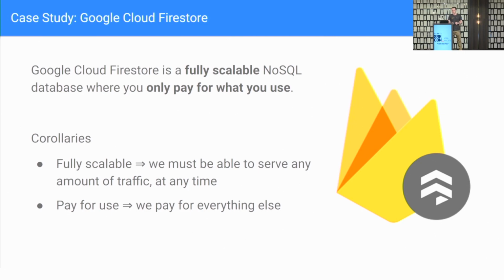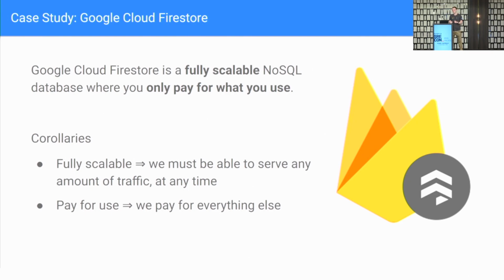Pay for use. So when you use Firestore, you only pay per request. So you pay if you do a get, you pay if you do a commit or a delete. This is different to typical VM provisioning where you pay to have a server and you have that server running for you, long term, you're paying over time. Here you only pay at the point where you use it. That means that the customers are not paying for the resource usage over time.